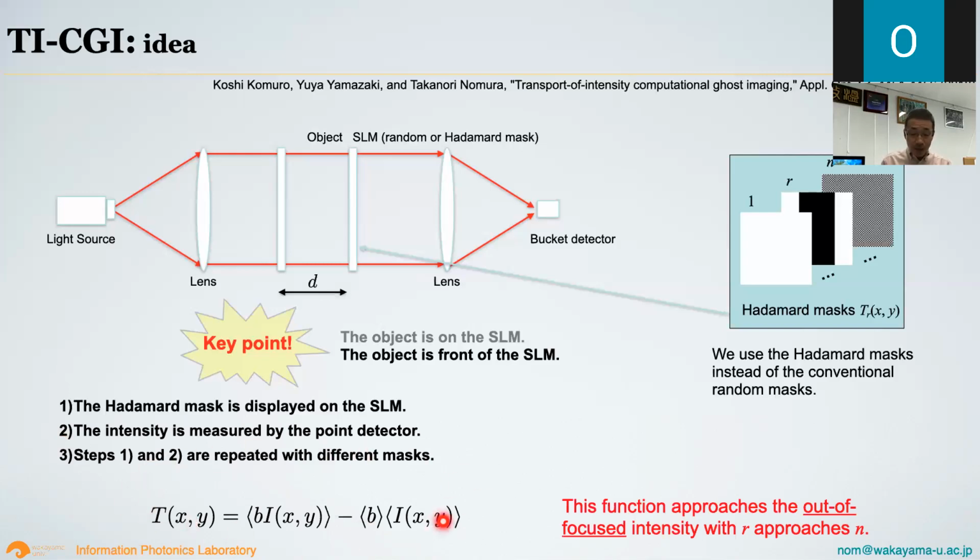The same equation is used to retrieve the transmittance of the object. But in this case, the retrieved information approaches the out of focus intensity as R approaches M. So the object is out of focus, but the intensity can be retrieved by this optical setup. This is our idea.